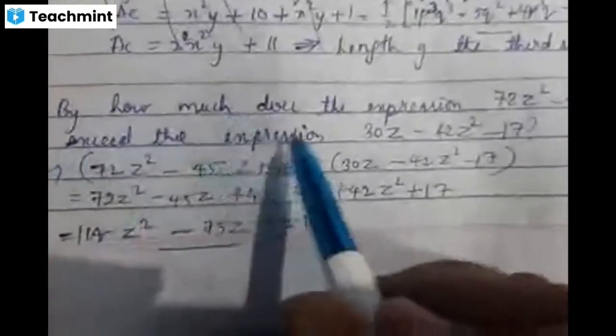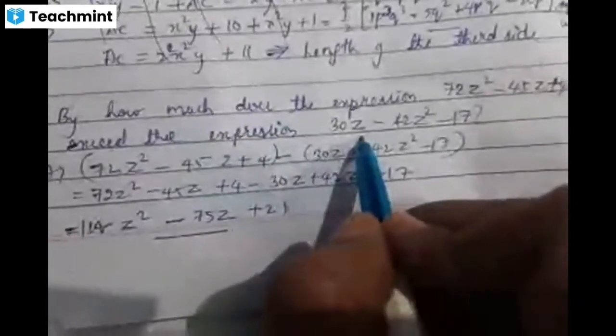By how much does the expression 72z square minus 45z plus 4 exceed the expression 30z minus 42z square minus 17? Exceed means, how much does 3 exceed 2?